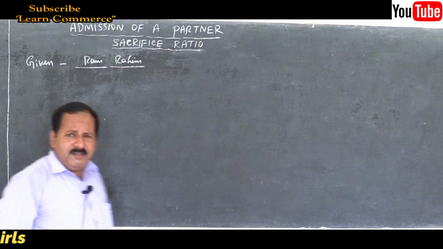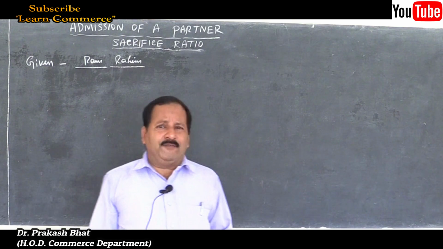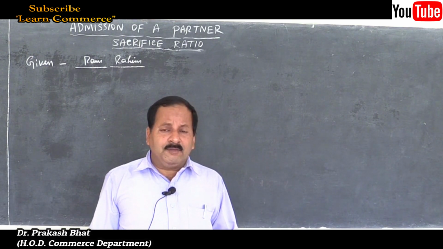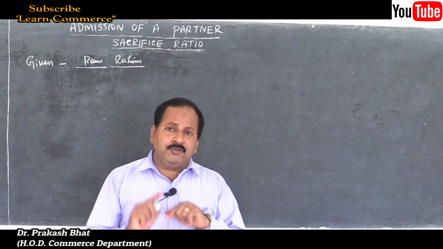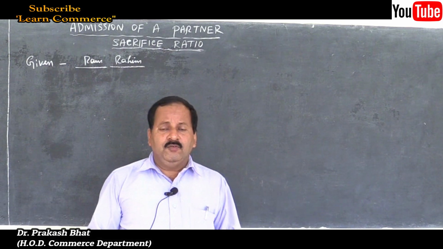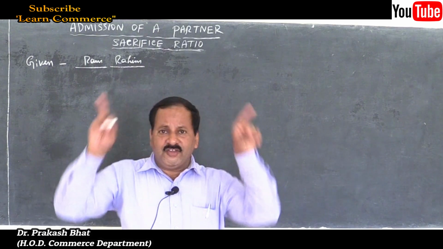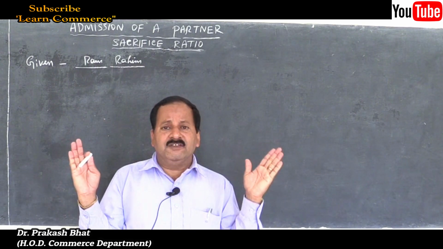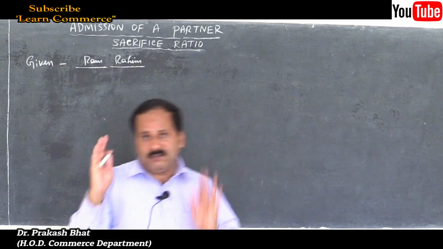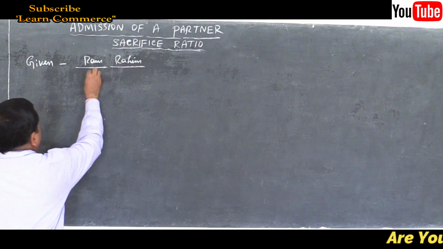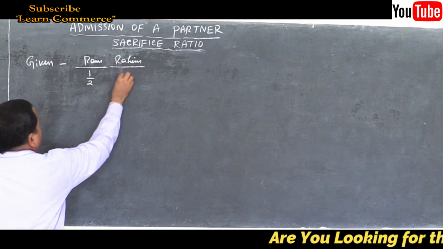What do you mean by equally? 1:1, friends, that's all. 1:1 means what? 1 plus 1 is equal to 2. Denominator will be 2. 1/2 and 1/2, that is half and half. The whole share is divided among them equally means what? Half, half. That's all. So 1/2 and 1/2.